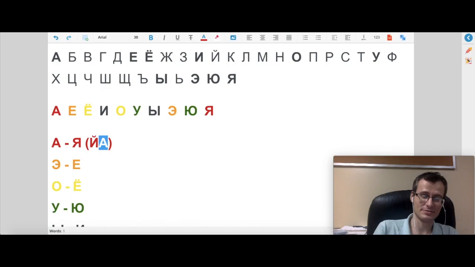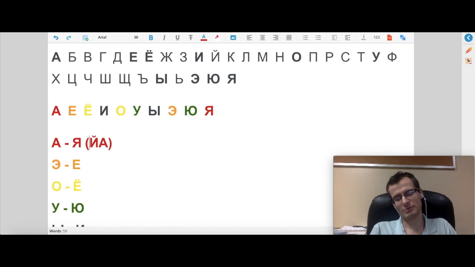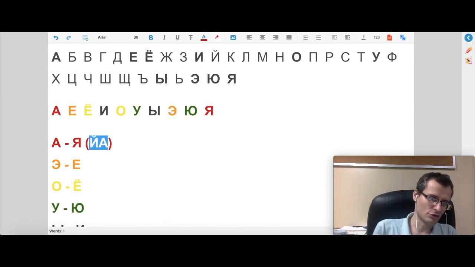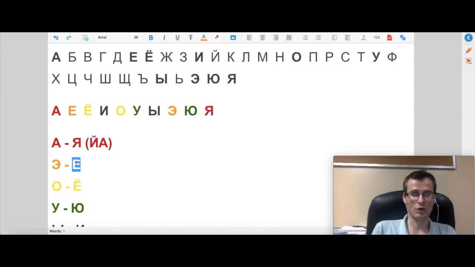And that makes total sense because it essentially is two sounds. So ya is exactly the same, they're equivalent. And if you ask me why do we even have ya as a letter if we can spell it as two letters that we already have, I don't really know. I would have to do some research on that, but the reality is that yes, we do have those diphthongs, and they all can be spelled using two other letters.